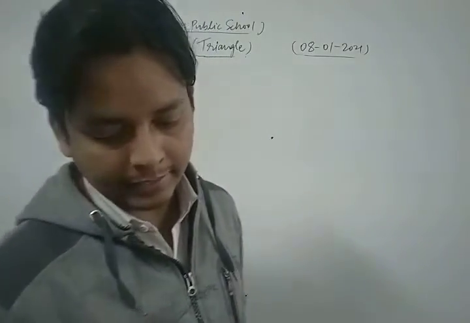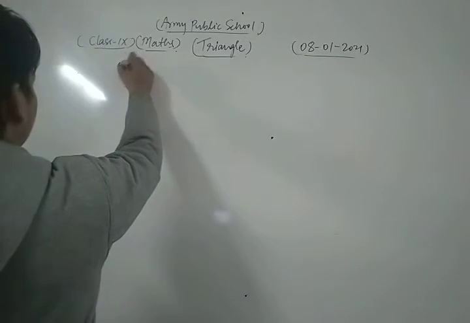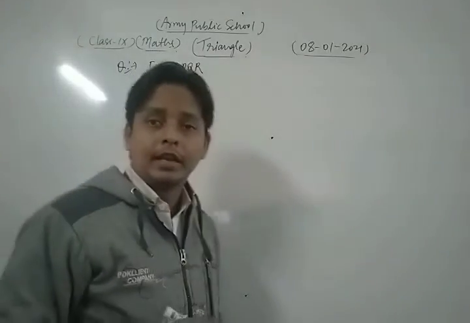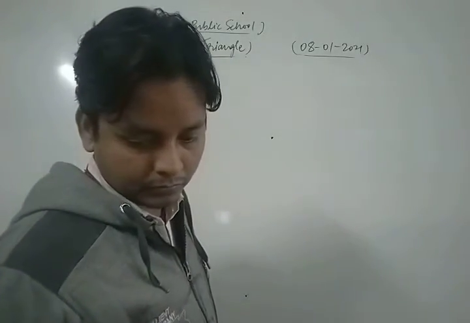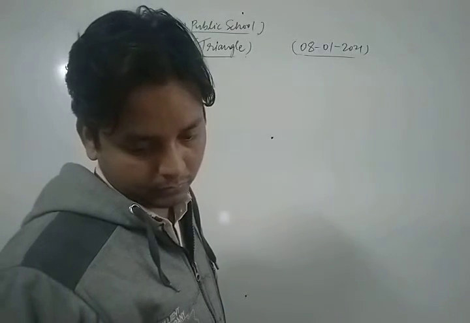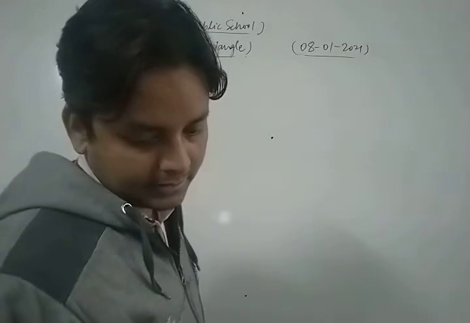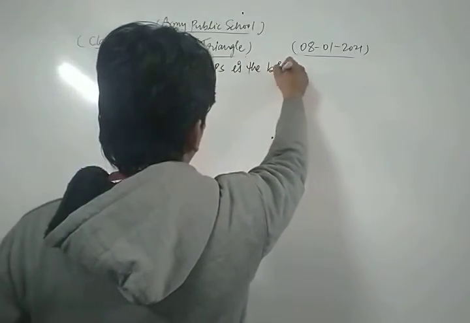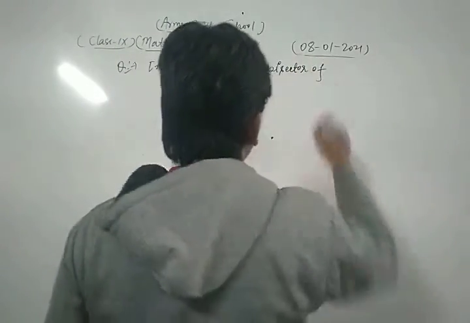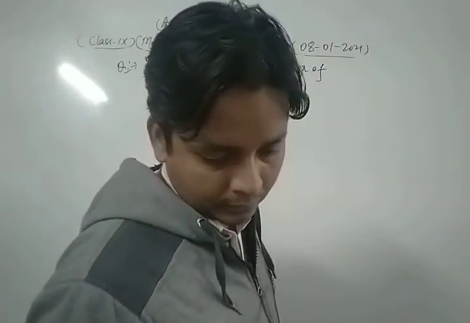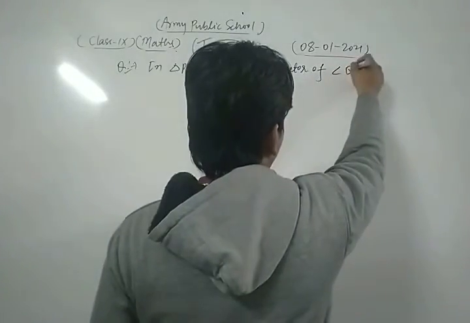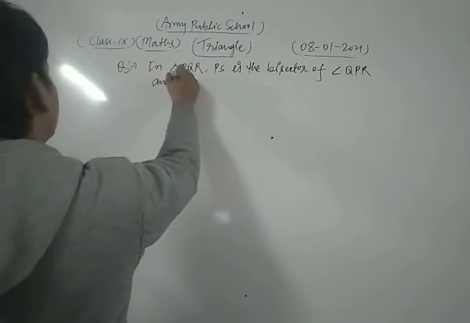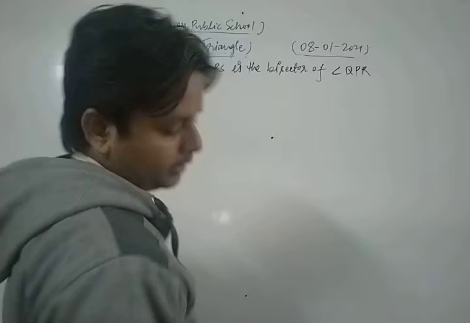In triangle PQR, PS is the bisector of angle QPR and PT is perpendicular to QR.